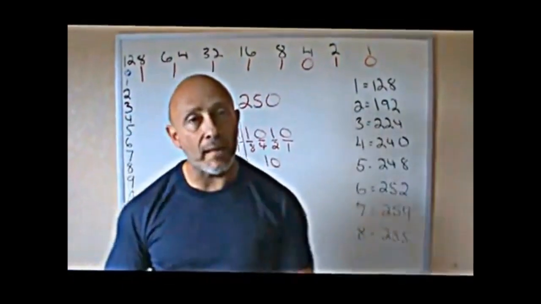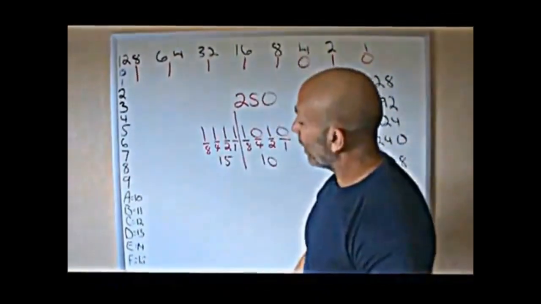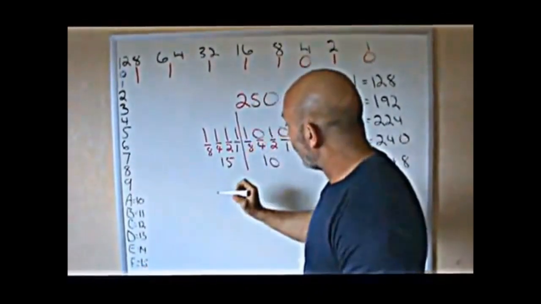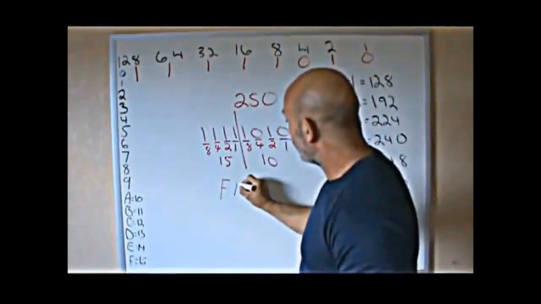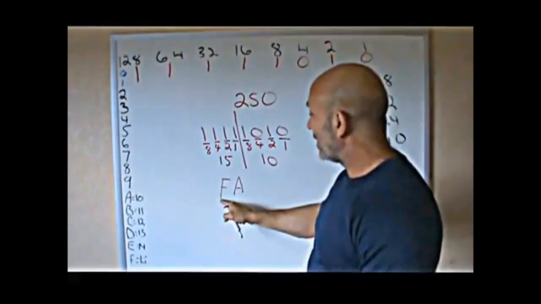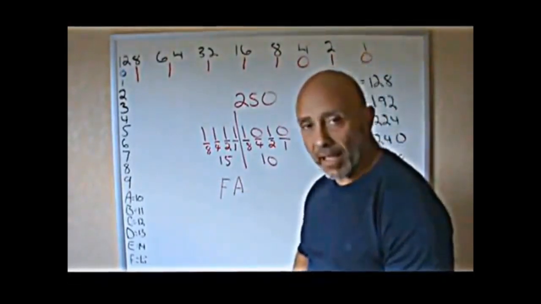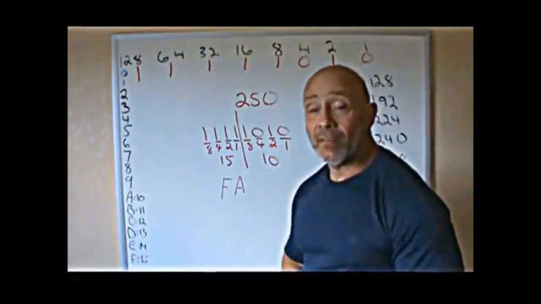Now we go to our handy dandy hex table that starts at 0. 15 is F, and 10 is A. So there you go, 250 is FA in hex. That's the gist of it.